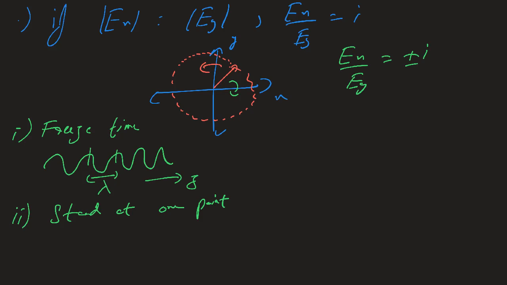But how fast does it rotate? It rotates at a frequency of f, where f is basically omega over 2 pi, where omega is the angular frequency. And in terms of time period, it rotates every 1 over f seconds.